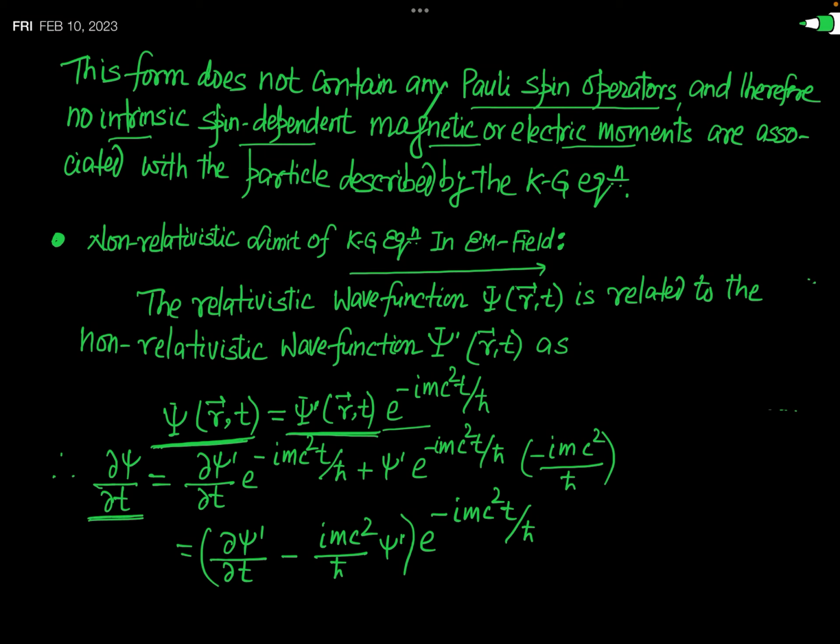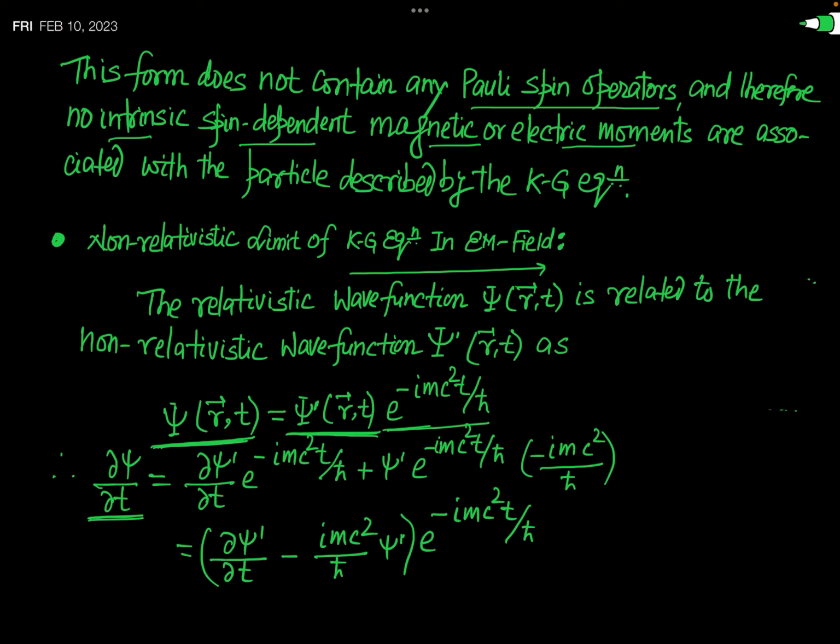You can see del psi by del t. This psi is actually a product of two functions. The first function is psi prime of r,t. The second function is e to the power minus i m c squared t over h bar.